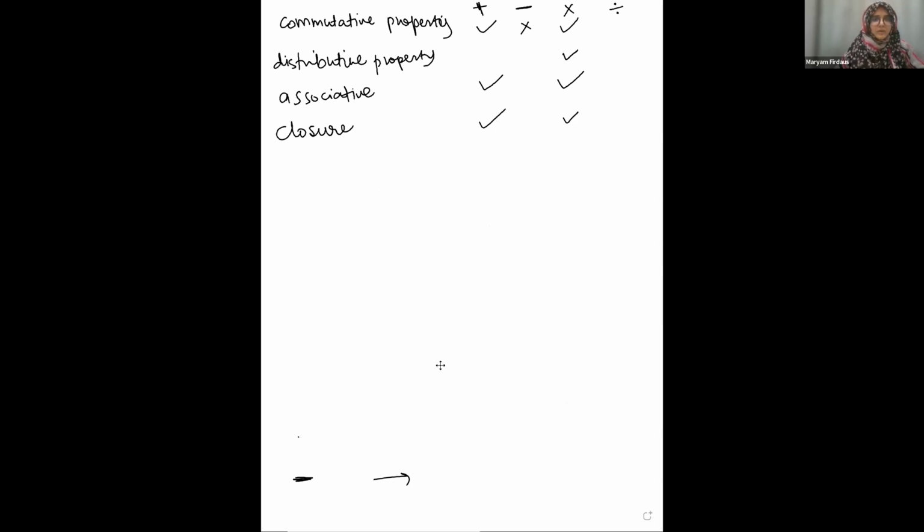So again, does closure property hold under addition? Yes. Under multiplication? Yes. Under subtraction? No. I'm talking about integers. Right now, the whole thing that we're talking about over here is integers only.